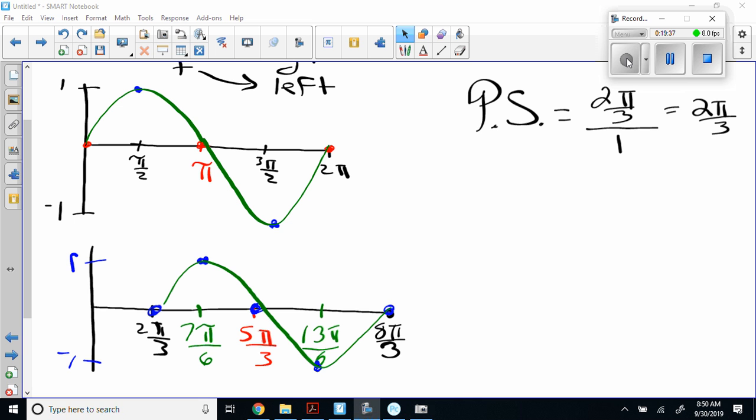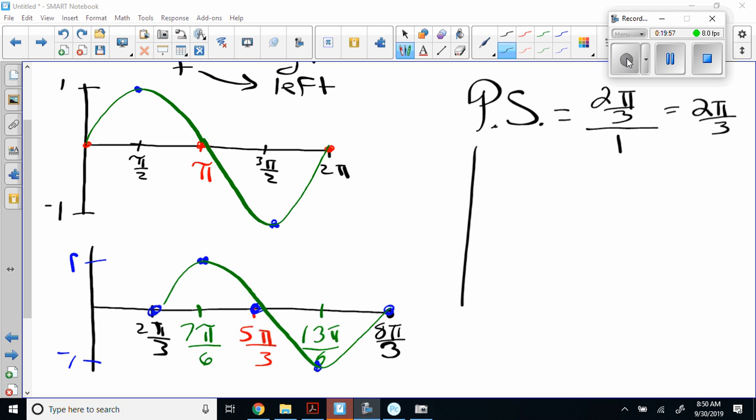What are the fractions here? Over what? Over 2. What am I fractioning over here? Over what? 3. So what would be a common denominator between those? 6. All right, ready?